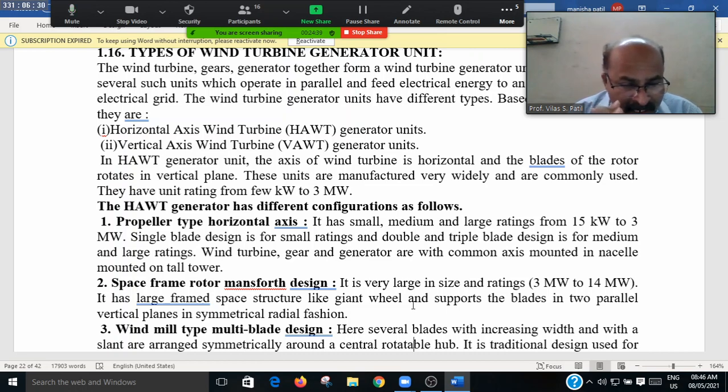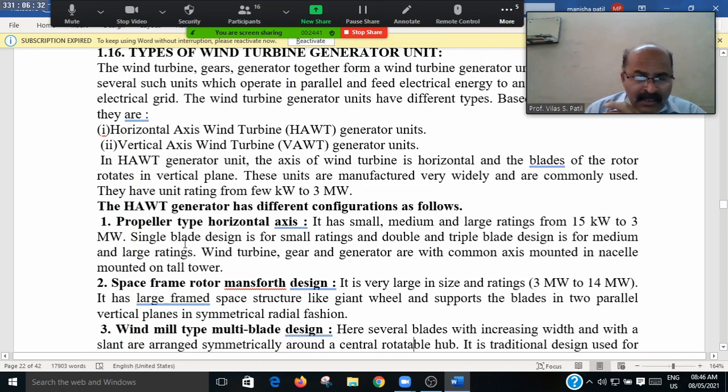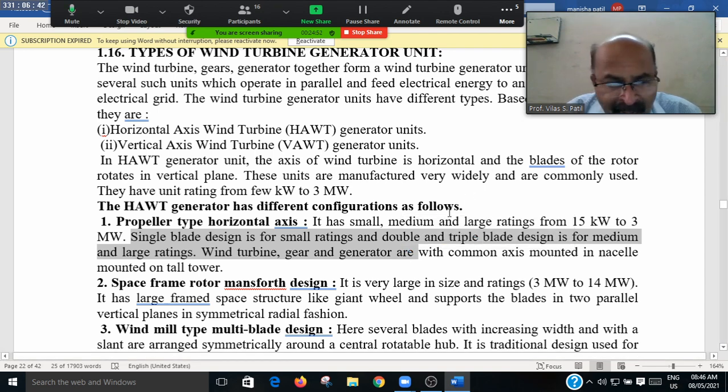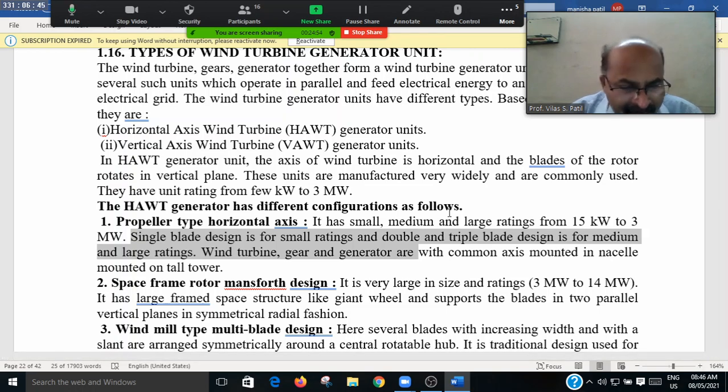That is just shown here: the single blade for the small rating, and double and triple blade for the medium and large ratings.